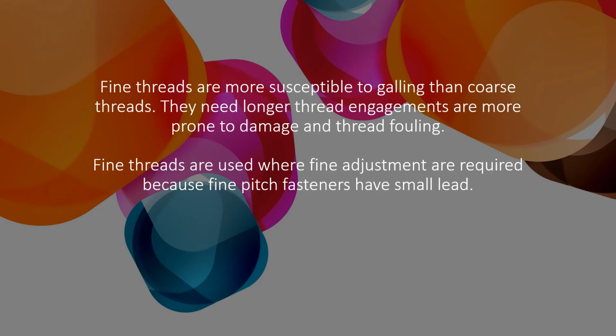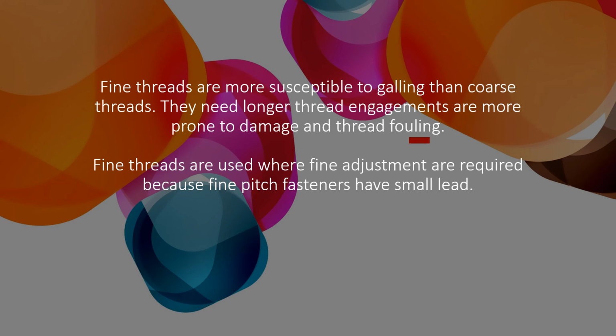So fine threads are more susceptible to galling than coarse. We already read that one. They need longer thread engagement and are more prone to damage and thread fouling. This we have already covered. Fine threads are used when fine adjustments are required because fine pitch fasteners have a small lead. Lead is like one thread advance. If you see from the pitch, the pitch in fine thread is less.